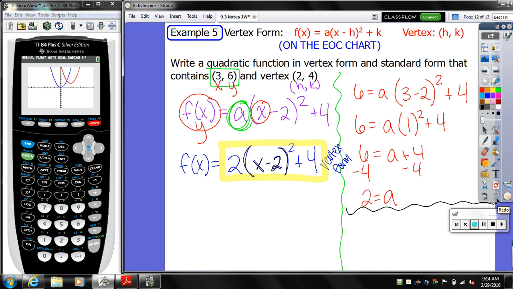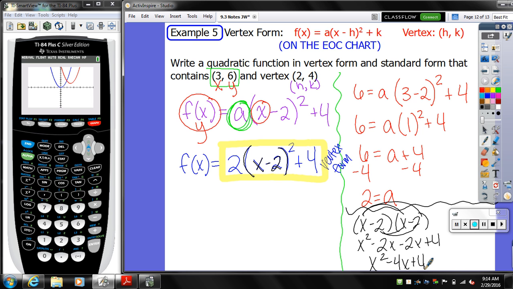So hopefully you'll remember that we just have to write that twice, x minus 2 times x minus 2, and we have to double distribute or factor. So when I double distribute, x squared minus 2x minus 2x plus 4. So everything inside that parentheses is going to turn to x squared minus 4x plus 4.